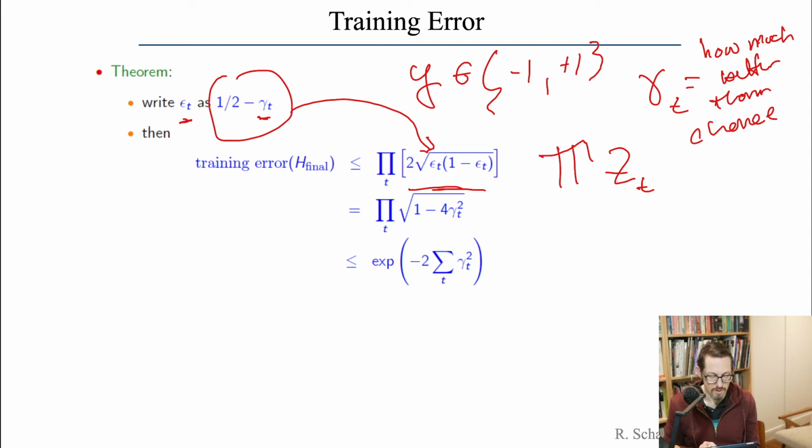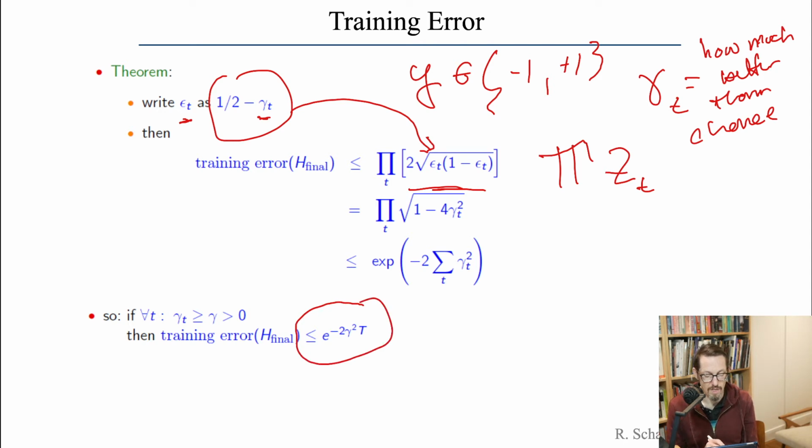Ooh. So that's got a cool property, because that means that the training error in the end has got to be less than an exponential with a negative sign on it. And this summation is the summation over all of the classifiers. So as we get more and more classifiers, that sum gets bigger and bigger.